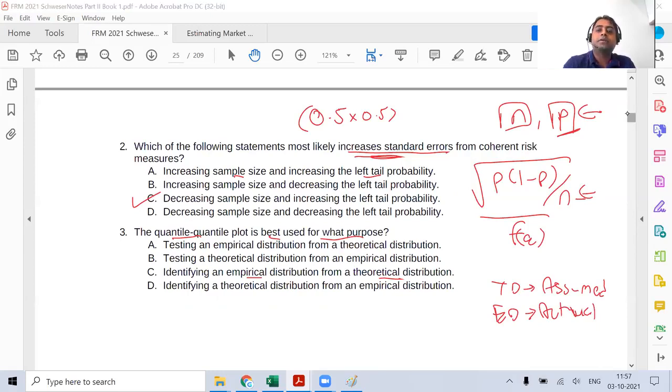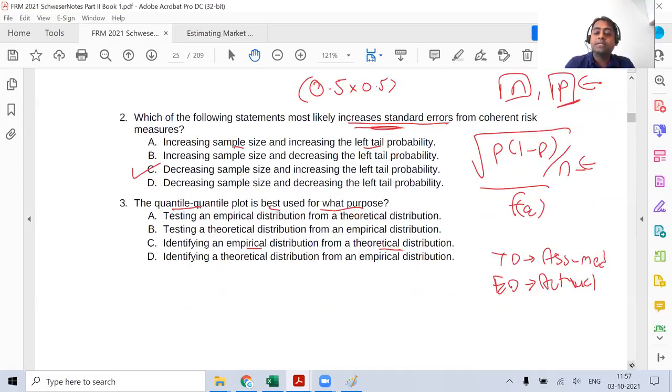Is it C or D? We are not testing, we are actually identifying what exactly the purpose of a QQ plot is, whether my empirical distribution actually comes from the theoretical distribution or not. Answer is C. Kindly cross check.